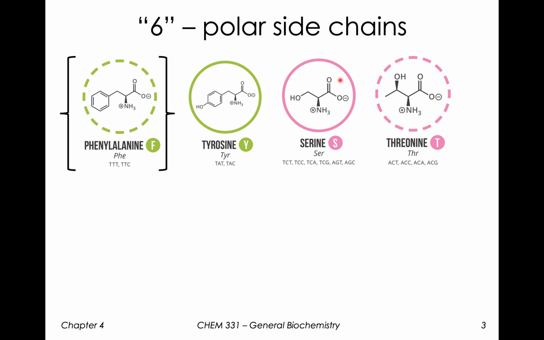So as we move through the other polar side chains, we can see that we've got cysteine here. We've spent a bit of time talking about cysteine. Cysteine, again, having this thiol functional group allows us to make some unique covalent bonds between side chains where we can form that disulfide bond with either an adjacent cysteine residue or maybe another molecule that has a thiol functional group.